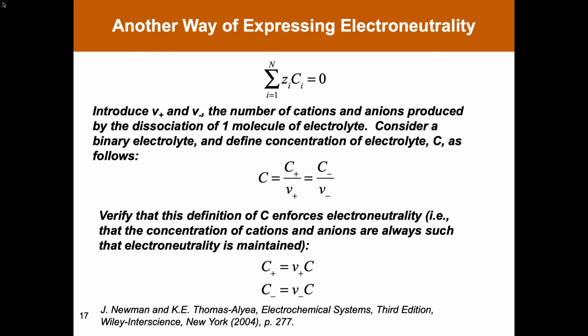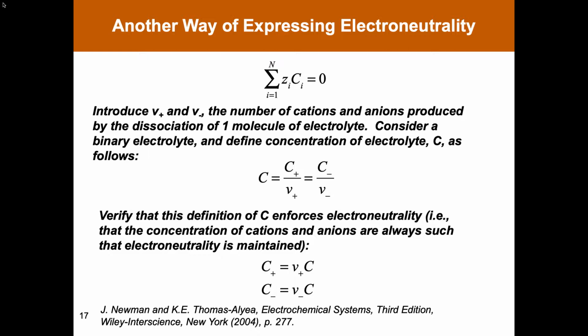And so we talk about salt concentration in terms of, for example, a 1 molar solution of sodium chloride, which will have 1 mole per liter of sodium, 1 mole per liter of chloride, and we can talk about the salt concentration being 1 mole per liter. And those are three ways of saying exactly the same thing, because the system has to be electrically neutral.